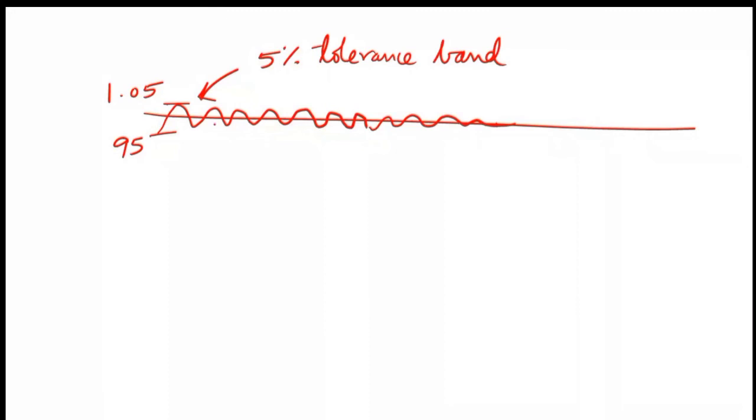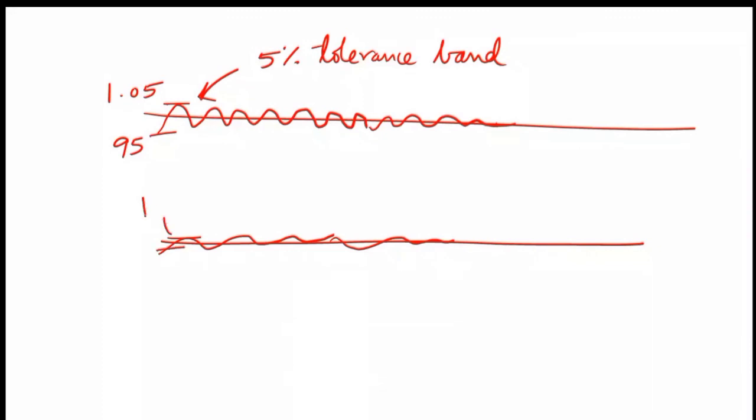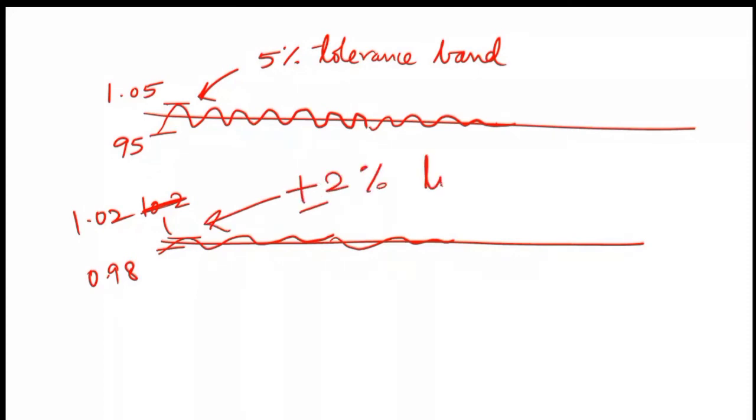Suppose if zeta value is a little bit high, then automatically the system response will settle down like this. This is the band 1.02 and 0.98. This band is known as plus or minus 2% tolerance band.